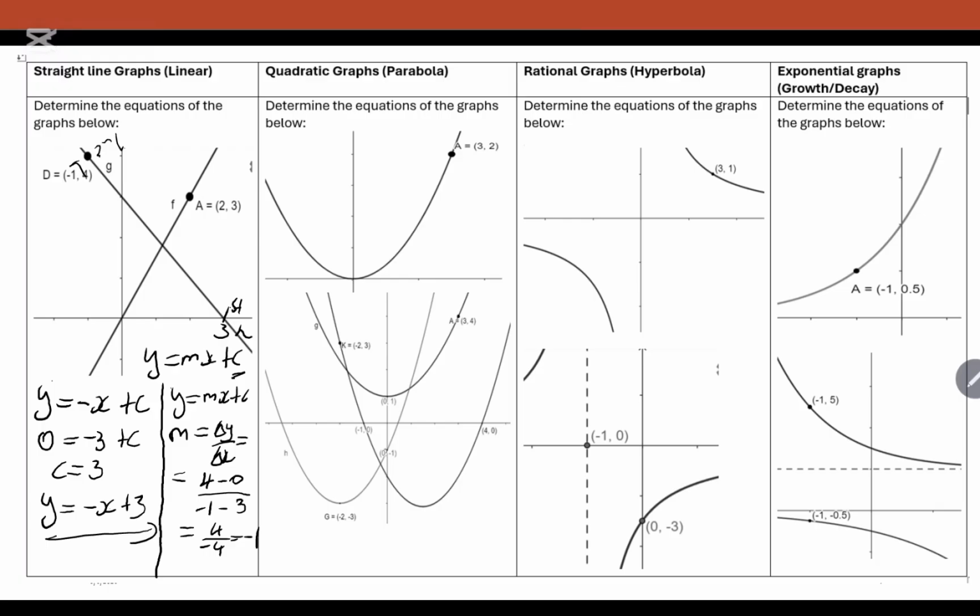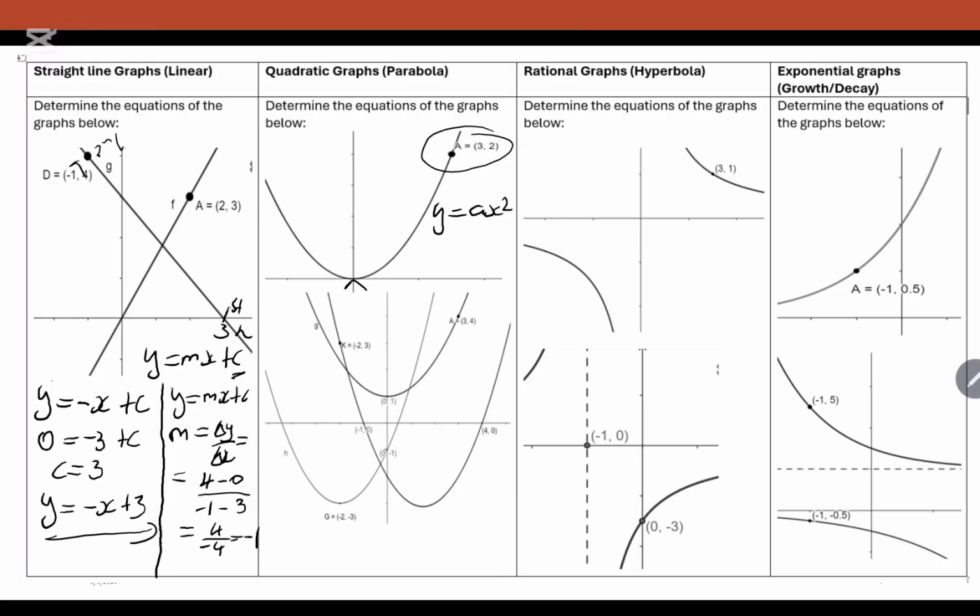The column of the parabola requires that we find the equations of those parabola graphs. Firstly, in the first graph that appears here, I can see the graph is sitting at the origin. Therefore, it takes the standard form of y equals ax squared. And we're given a point here, which is 3 and 2.